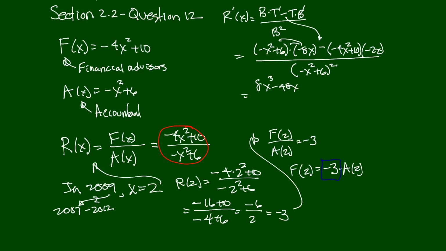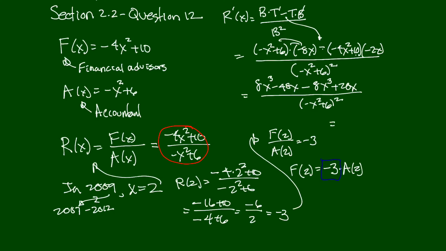Then over here, negative times negative times negative is negative, so we get minus 8x cubed, and then 2x times 10 is 20, but with the negative it becomes positive 20x, all over that denominator squared, negative x squared plus 6 squared.